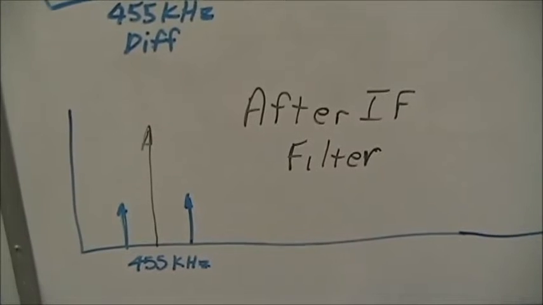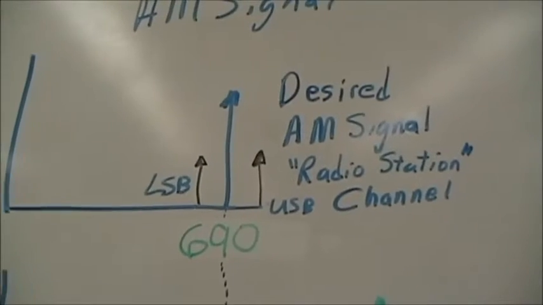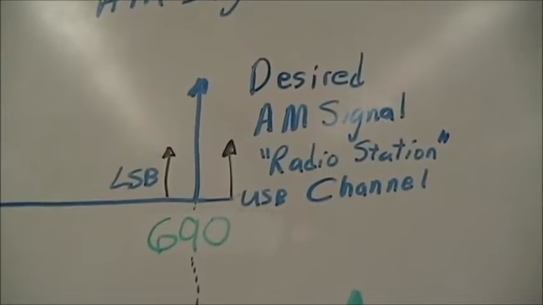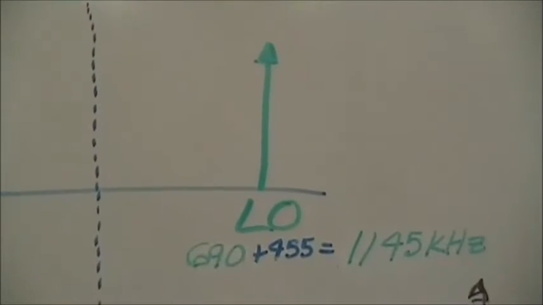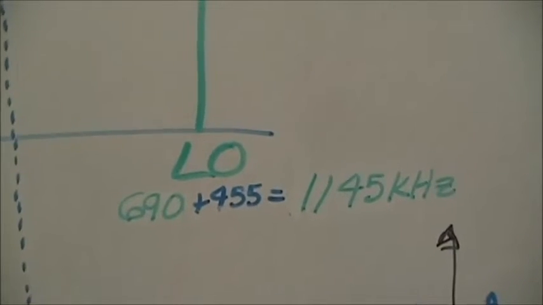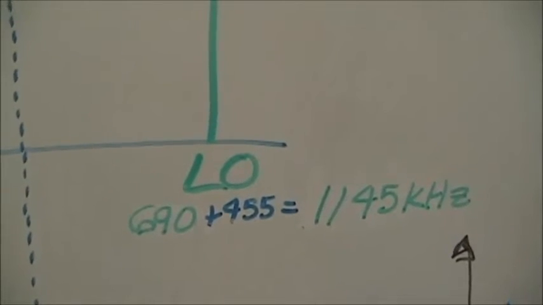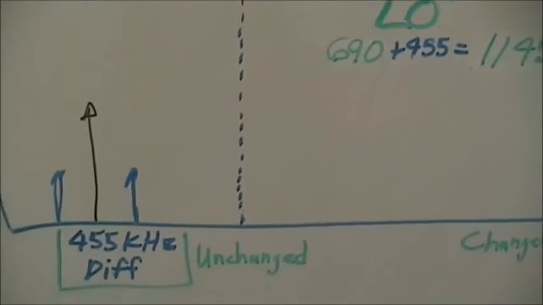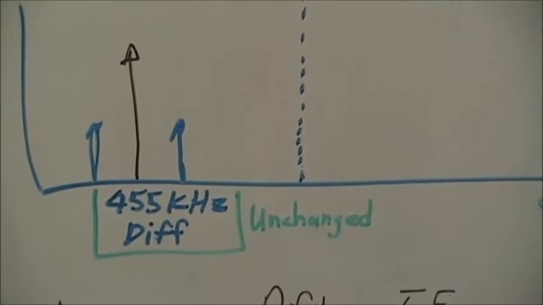Now we'll look at a change in frequency for the desired AM signal. Now we have changed our AM signal to 690 kilohertz, the desired AM radio station. The local oscillator will now change to 690 plus 455, 1145 kilohertz. Again, the 455 is fixed by the IF filter. When we look at the mixing products, the difference will be unchanged at 455.